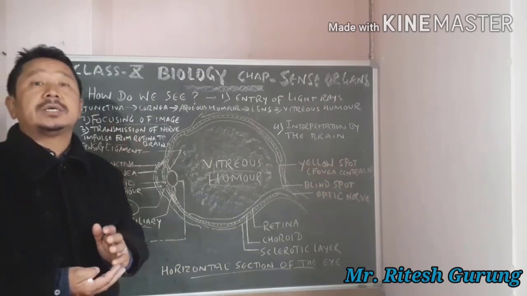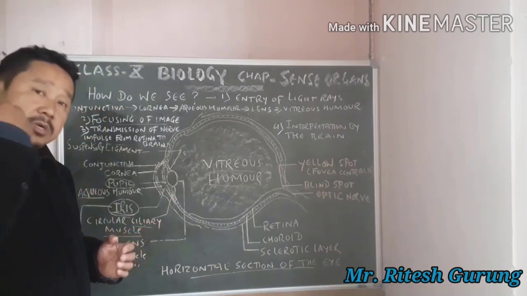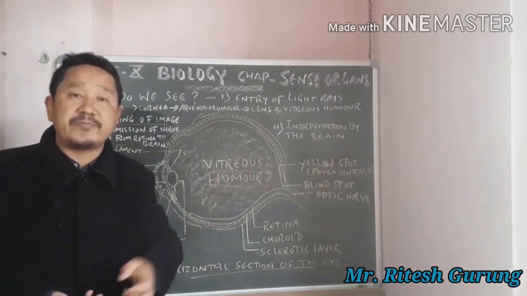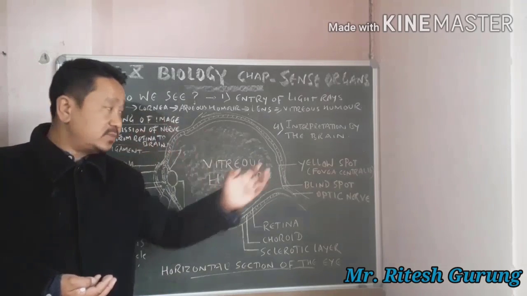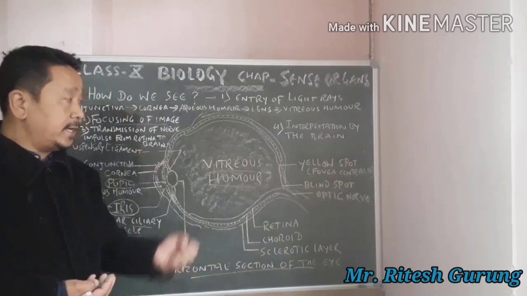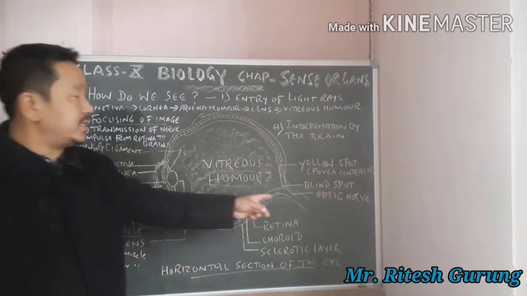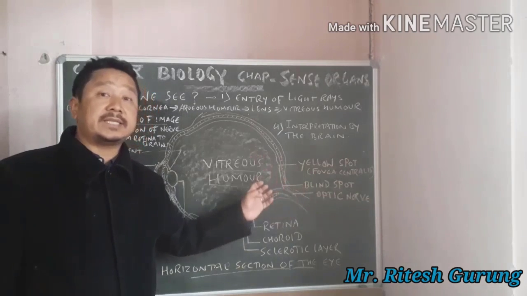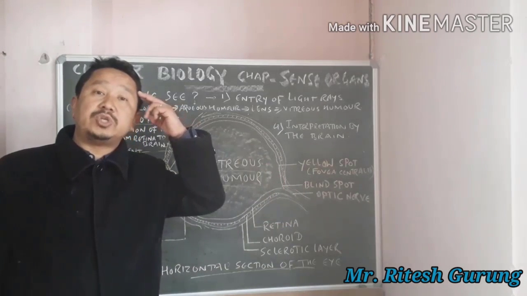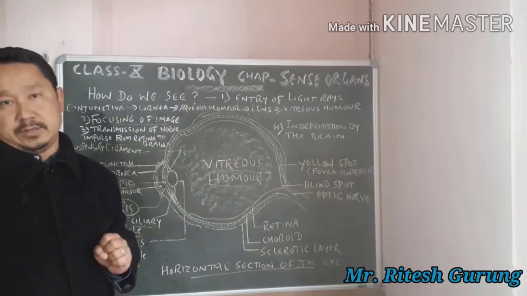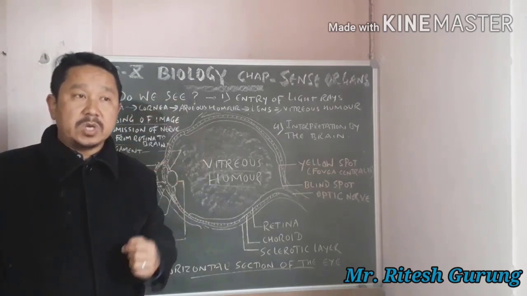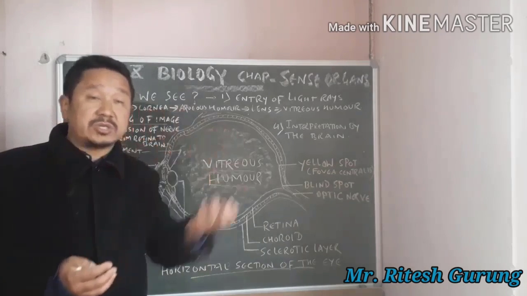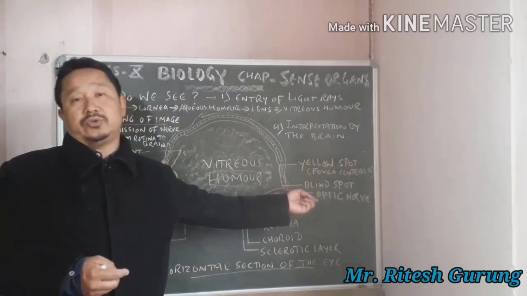Those sensory cells convert the image formed here into a nerve impulse, and that nerve impulse is taken to the optic nerve. The optic nerve will take that nerve impulse to the visual region of the cerebrum of the brain, the place where the visual is formed.